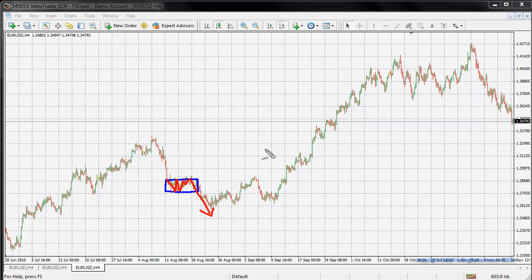And then shortly later, we get another one. Here is a rally up, rally down, rally sideways, rally up, and then boom, it breaks, and it comes down to there. Let's see if we can find some more.